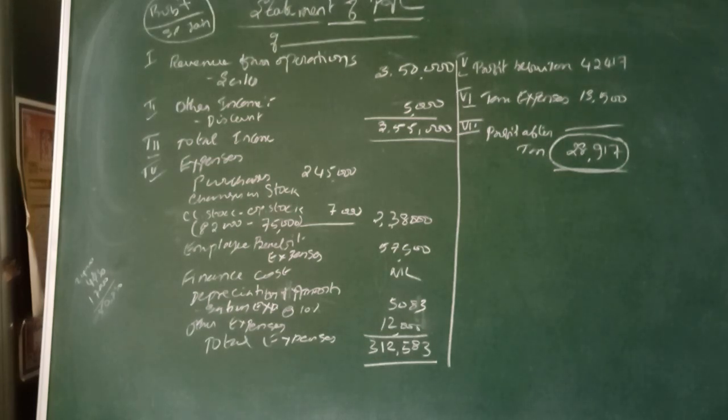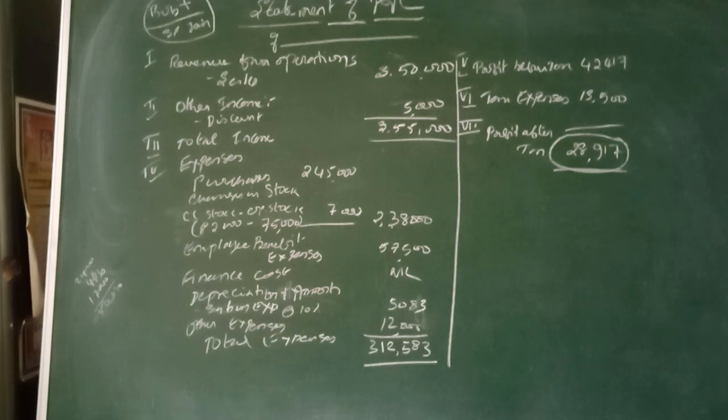Whereas here what we are going to do is show the amount of depreciation we are calculating. See, in this problem it is given as 10%. So we have to calculate 10% on what? On all fixed assets. You know very well, depreciation is calculated only for fixed assets, so for all fixed assets, plant and machinery, furniture and fittings.